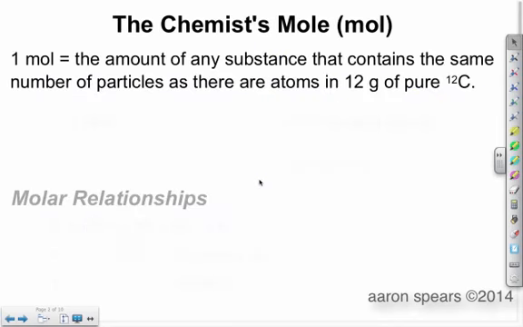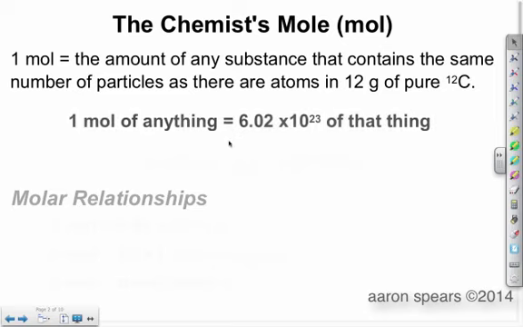The mole, as you learned in a previous video, is a unit used in chemistry that allows chemists to deal more easily with large numbers of particles. The mole, given by the unit mol, is officially defined as the amount of any substance that contains the same number of particles as there are atoms in 12 grams of pure carbon.